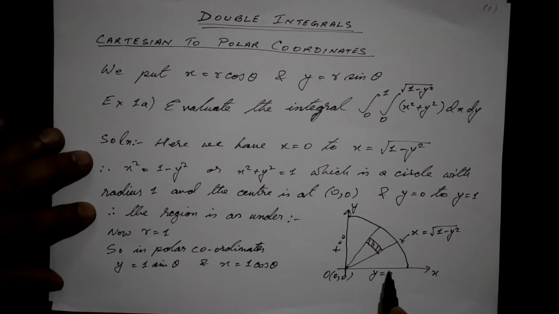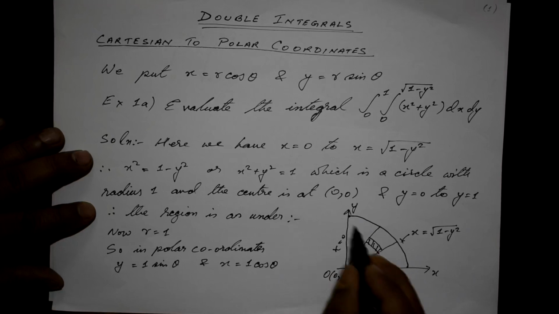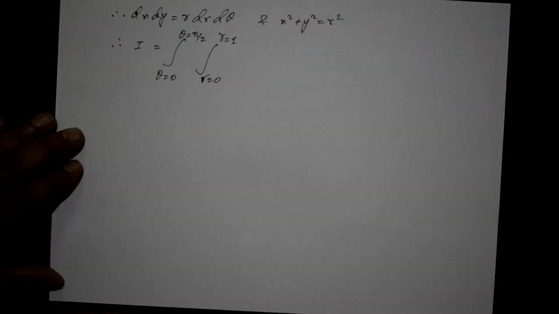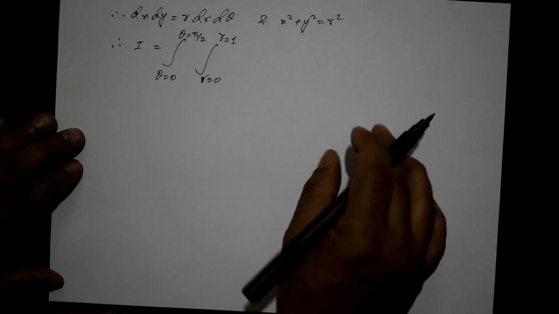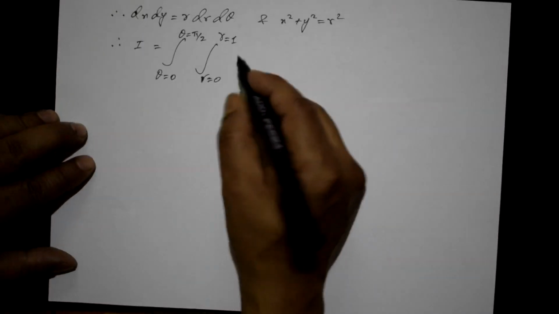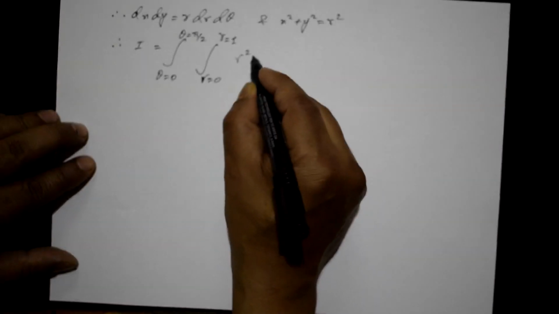Now if we come back to the sketch, we will find that the radius is from 0 to 1 and the angle theta will be 0 to pi by 2 since it is the first quadrant.